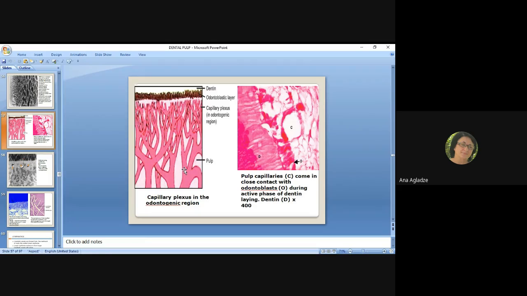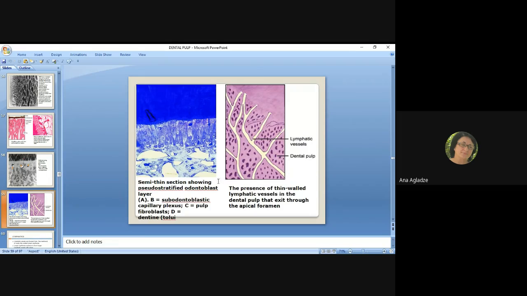The blood circulation in the pulp is known as microcirculation. And there are also lymphatic vessels. You know that blood circulation causes hydrostatic pressure in all capillaries. Hydrostatic pressure is the pressure from fluid exerted on the walls of the blood vessels, and these capillaries leak, and the interstitial fluid is formed.